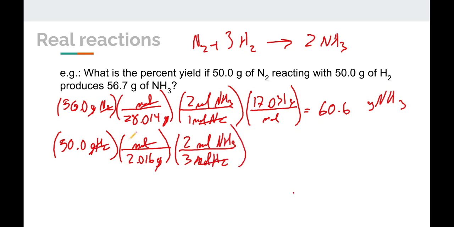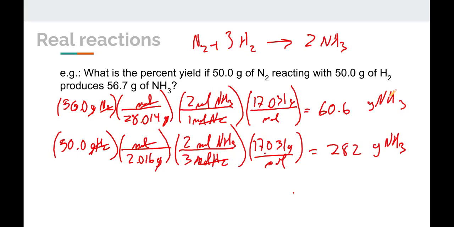So that step got me moles of NH3, and then I'm multiplying by 17.031 grams per mole. And that's going to give me grams of NH3, just like in the previous calculation. And based on the amount of hydrogen that I have, I could get 282 grams of ammonia.